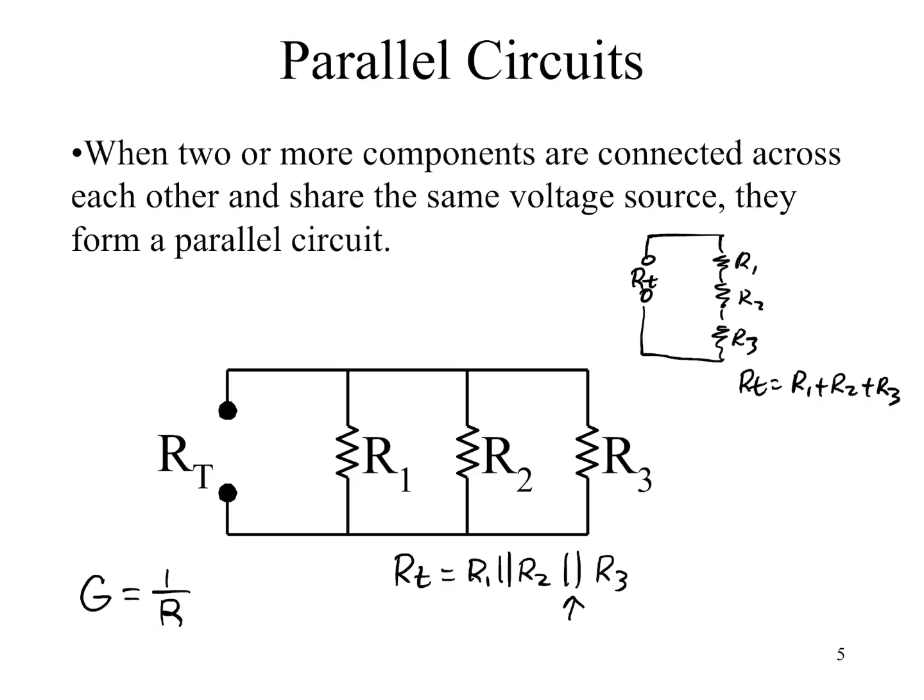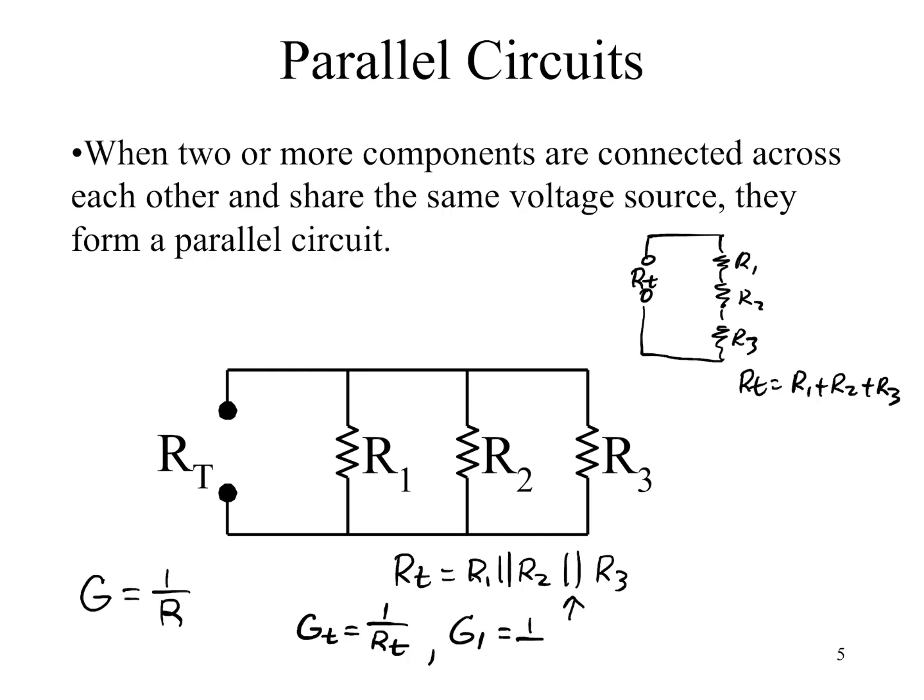The less something resists, the more it conducts, and the more something conducts, the less it resists. So if you were to represent each of these as conductances, you would have G total equals 1 over R total.